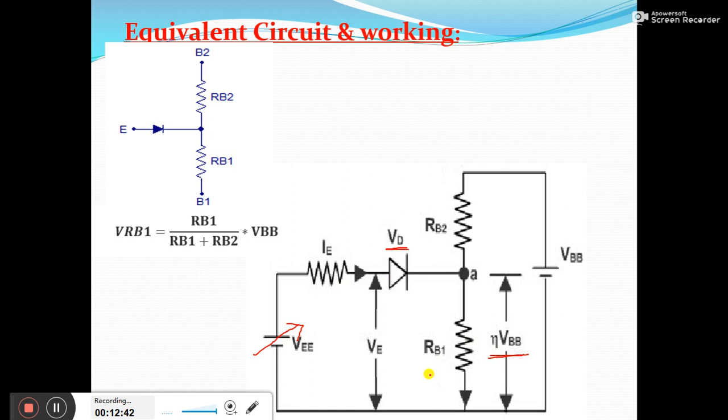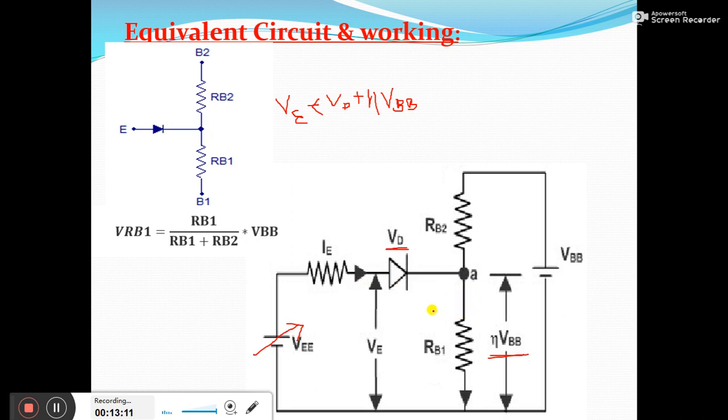As long as the emitter voltage VE is less than VD plus eta VBB, there won't be any current flow.